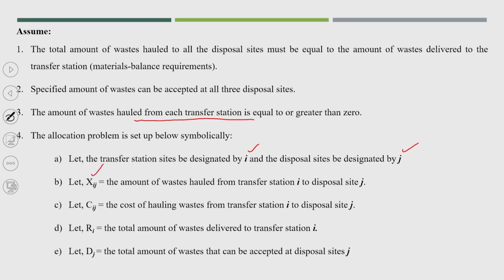Similarly, Cij is the cost of hauling waste from transfer station i to disposal site j, Ri is the total amount of waste delivered to transfer station i, and Dj is the total amount of waste that can be accepted at disposal site j.